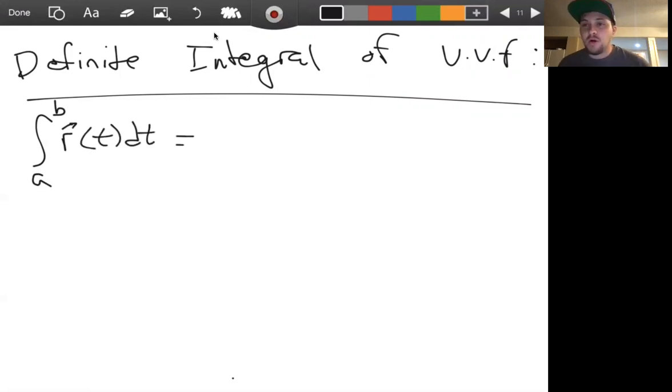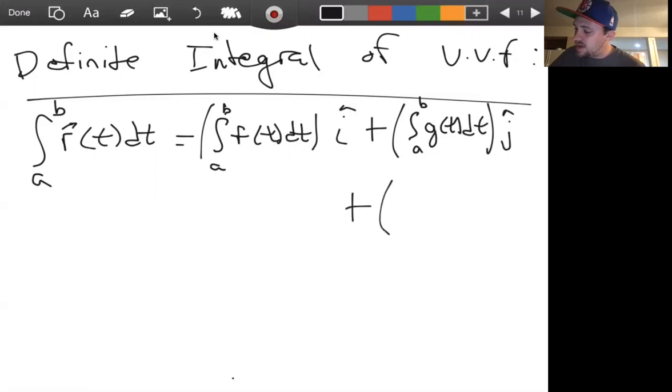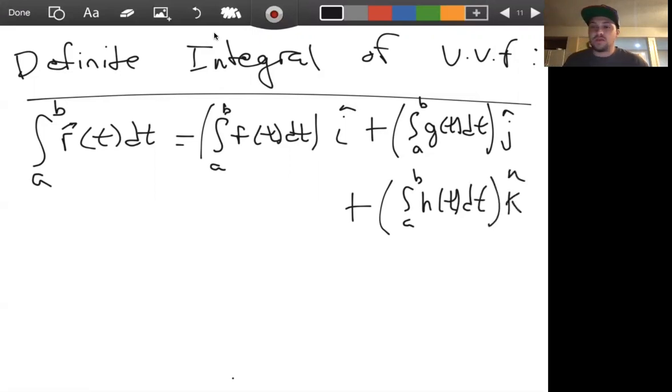And by the same argument, this passes to the integral from a to b of f of t dt i hat plus the integral from a to b of g of t dt j hat plus the integral from a to b of h of t dt k hat, right? And so when taking the definite integral of a vector valued function, you just pass to the definite integral of your component functions, right?